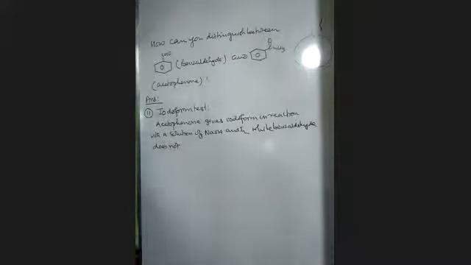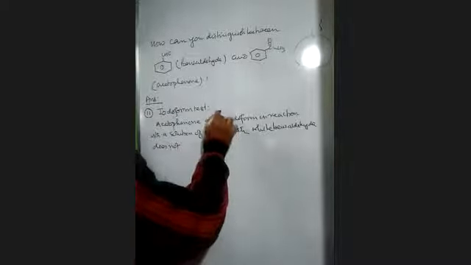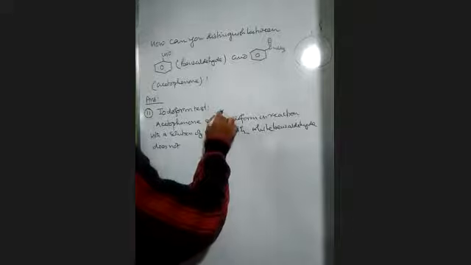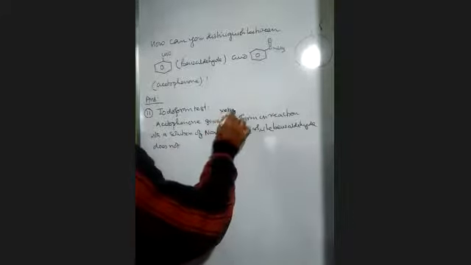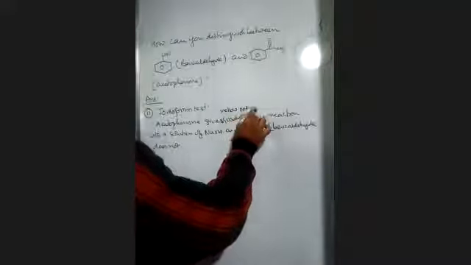Okay? Acetophenone gives a yellow precipitate of iodoform.